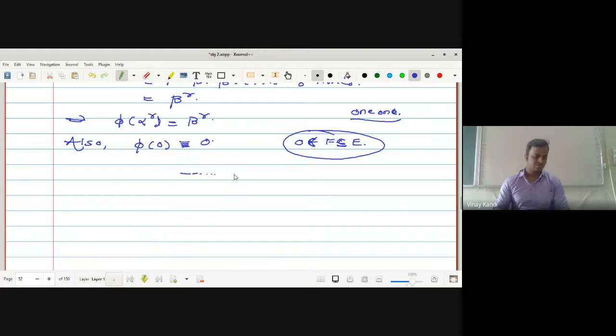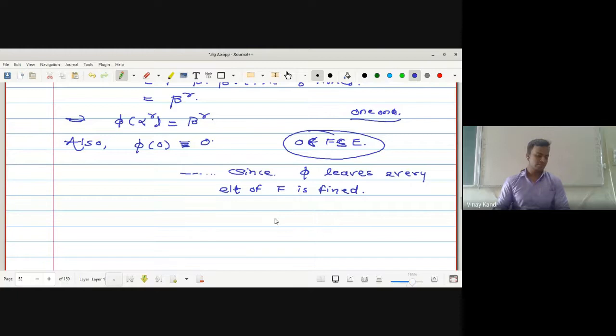Give the reason here: since phi leaves every element of capital F fixed.